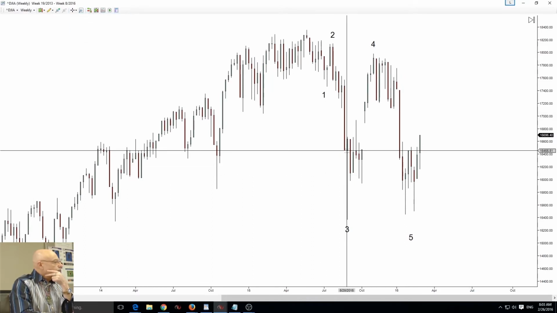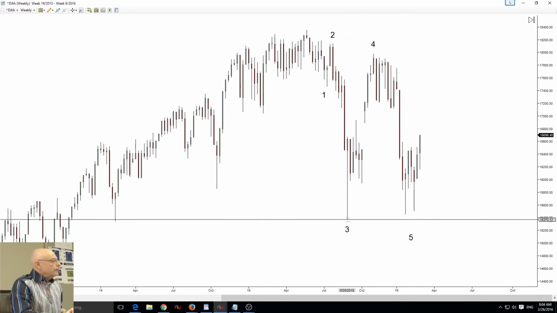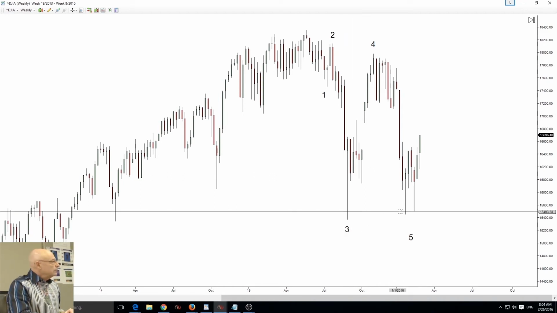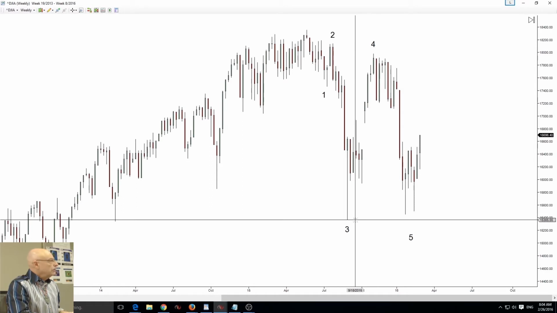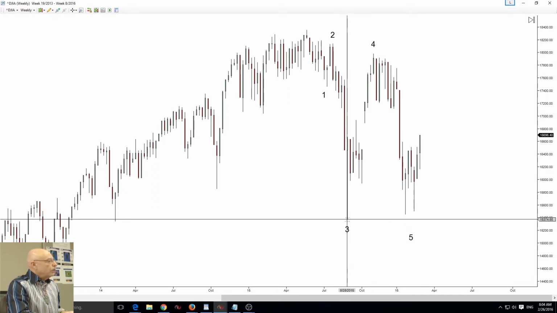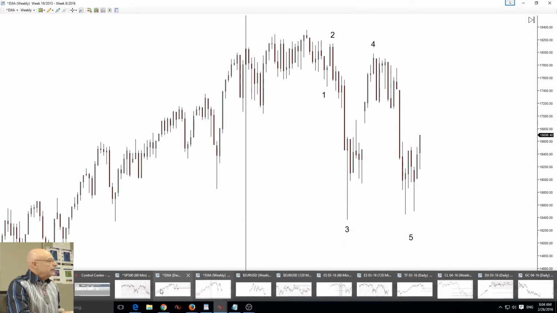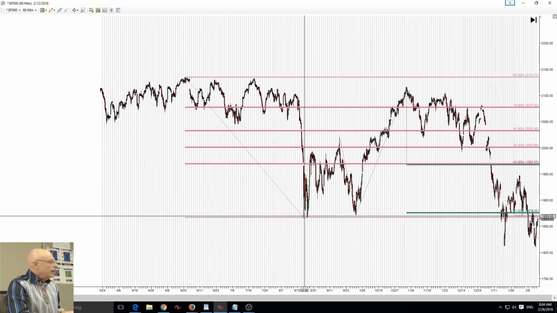Here is 8/24. It's a weekly chart. So that low has never been broken, and it's only one index, Dow Jones Industrial Average, which hasn't broken that 8/24 low. Again, let's take a look on a 60-minute chart at the S&P.